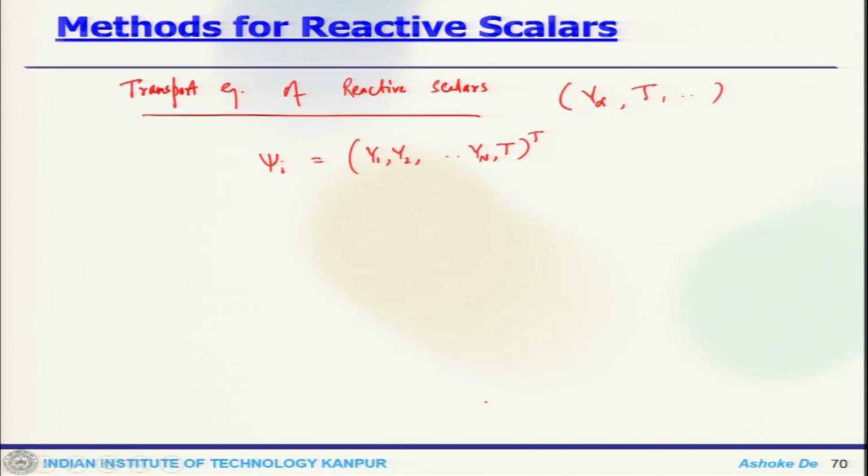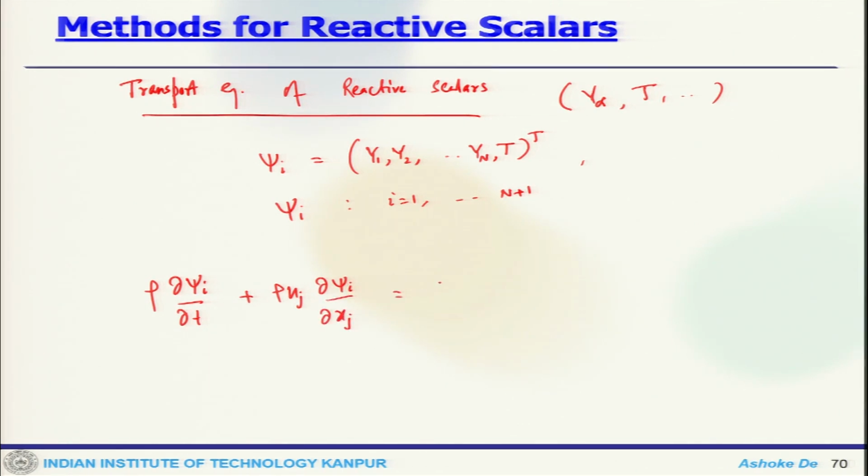So the balance equation, where this psi i goes for i equals 1 to n plus 1, because n number of species and then temperature. It is just like another scalar transport equation.